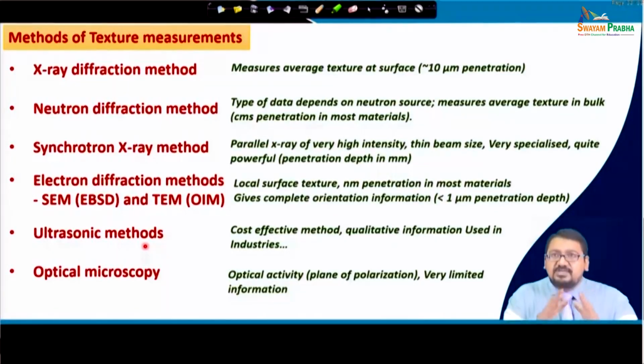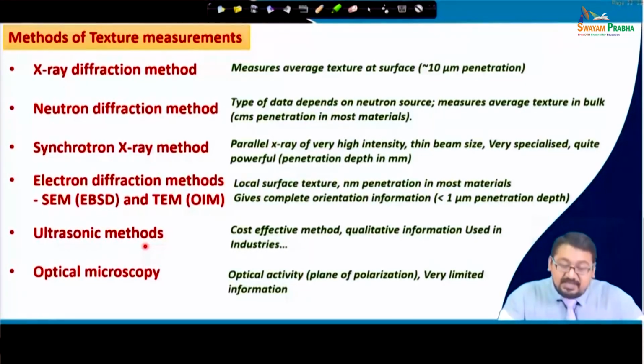So, if a certain orientation or a texture is desirable, then the industry observes the final product under an ultrasonic method technology to see the changes in the intensity of the ultrasonic waves, leading to see whether the material that has been produced is suitable for application or not.